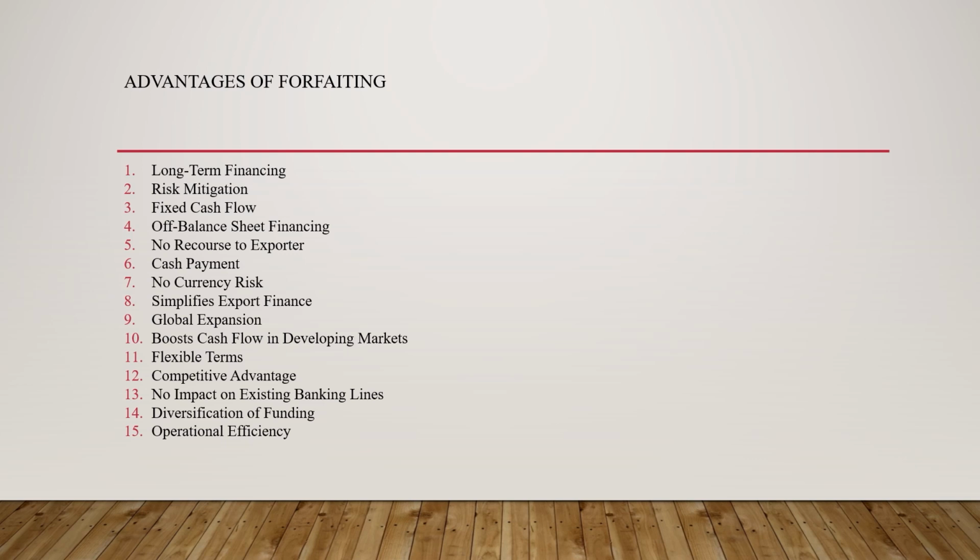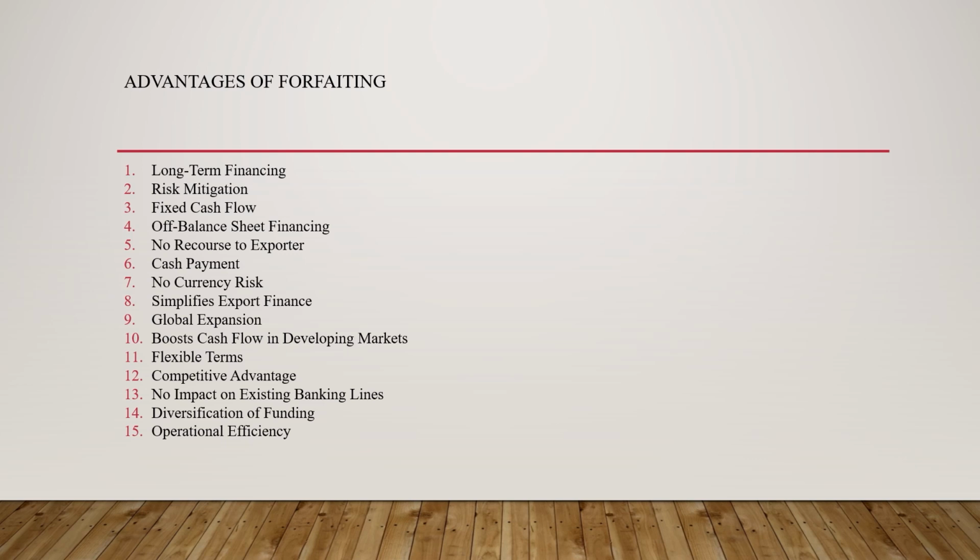Further, similar to factoring, forfeiting provides upfront cash payment to the exporter, freeing up the working capital and enabling them to finance new projects, fulfill other orders, or invest in their businesses. Also, forfeiting transactions can be denominated in a variety of currencies, and the forfeiting institution typically bears the currency risk.